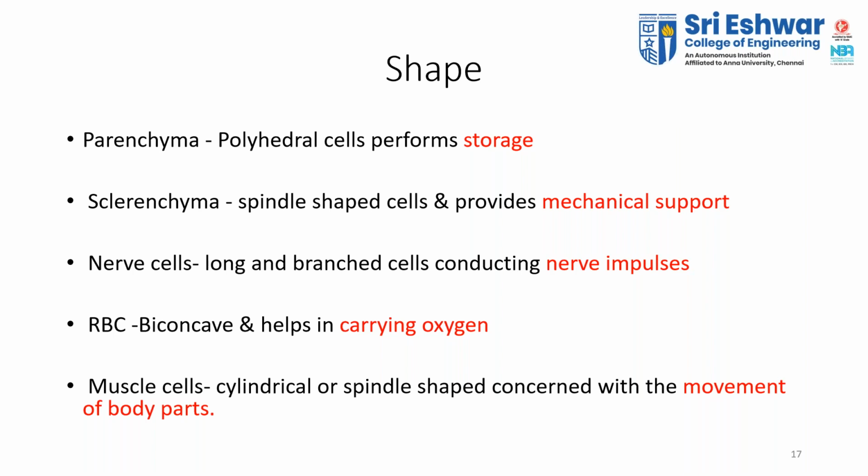Okay, next, nerve cells. It is like long and branched cells conducting nerve impulses. Nerve impulses are nothing but, the neuron is the basic unit of the nervous system. So a neuron has axon and dendrites. Okay, so axon and dendrites are used to stimulate the nerve operation.